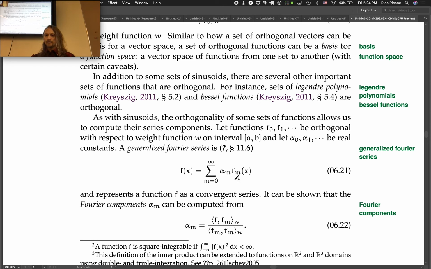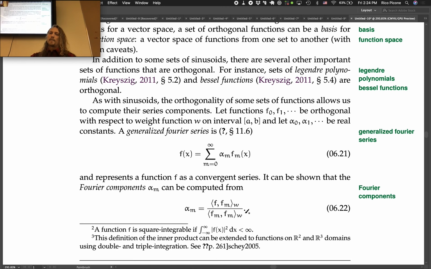It can be shown that the Fourier components alpha m can be computed from this general formula 622. So we've got the inner product of f, the function that we're trying to come up with a generalized Fourier series for, with that specific orthogonal function fm.